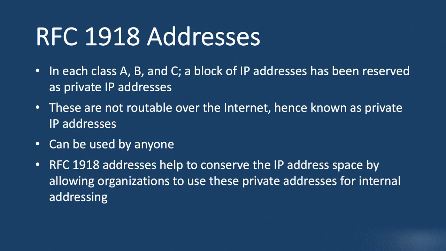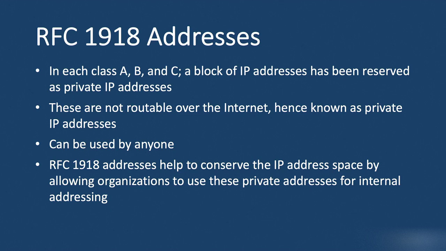RFC 1918 addresses help to conserve the IP address space by allowing organizations to use these private IP addresses for internal addressing. Now think about this. If we did not have RFC 1918 addresses, if we did not have these private IP addresses, every device that is trying to connect on the internet would require a public IP address. And as we've already seen, we only have so many addresses.